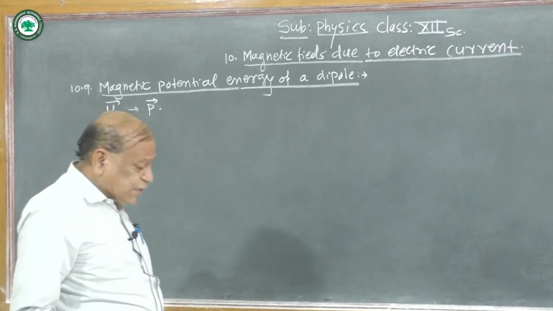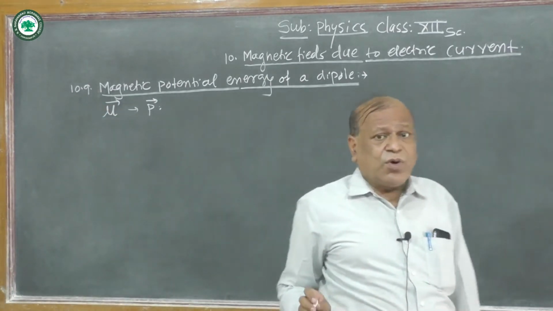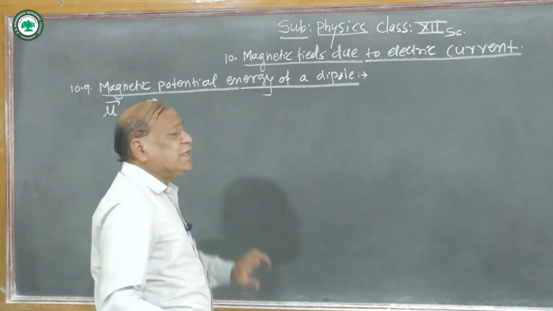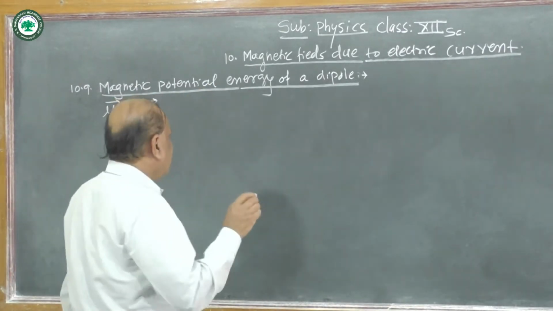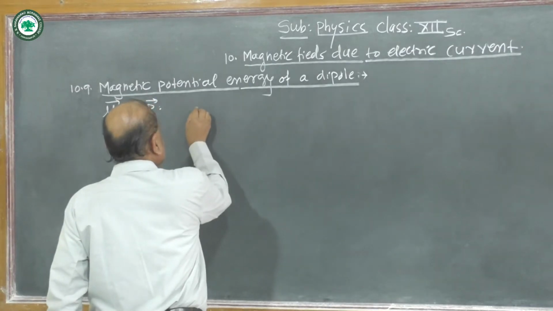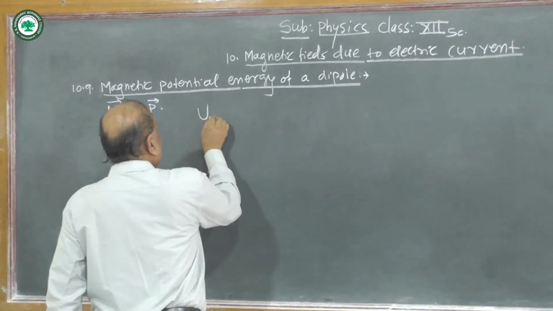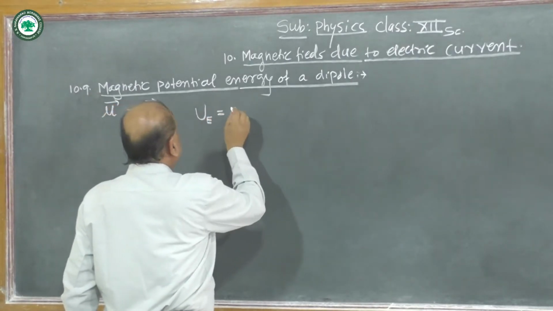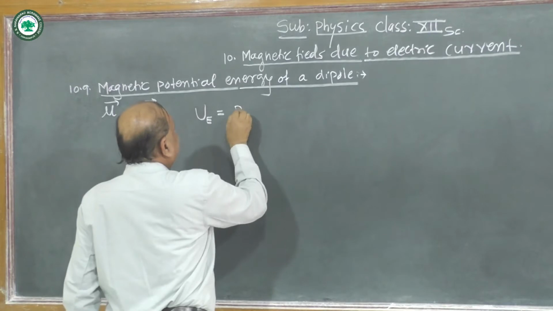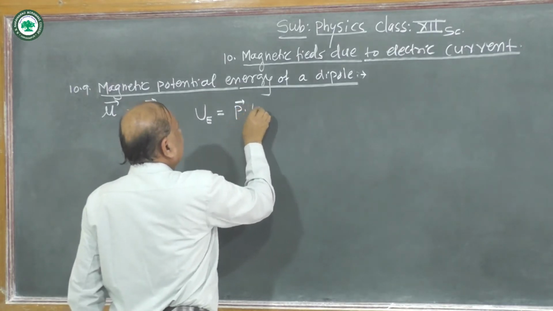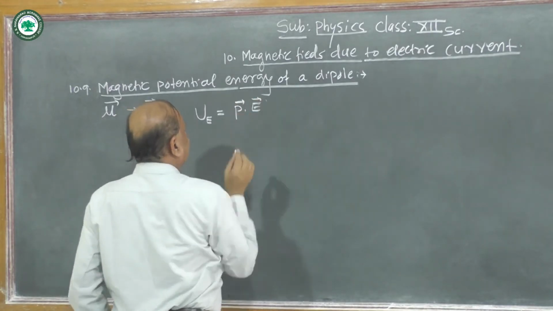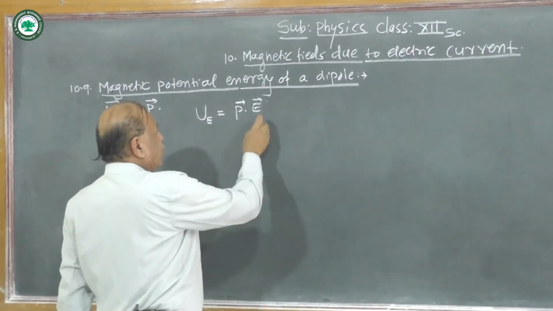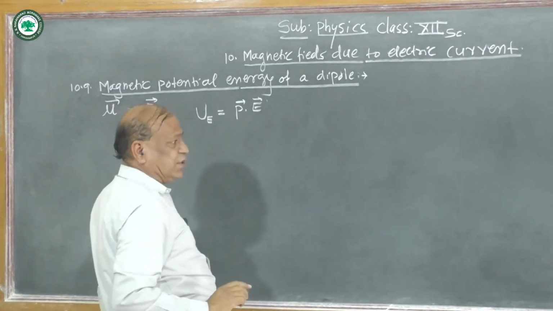In the previous class we saw the electric potential energy of a dipole, UE, which is given by P bar dot E bar. Here P bar is the electric dipole moment and E is the electric field.